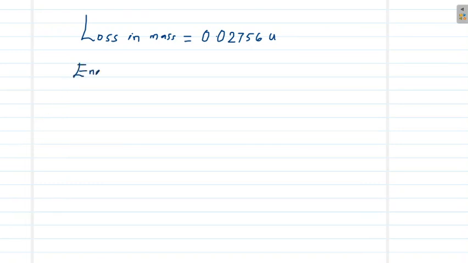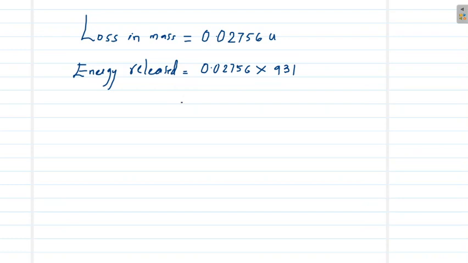So if the mass defect is this much, what will be the energy released? Energy release will be given by Einstein's relation, and it can be calculated to be equal to 0.02756 multiplied by 931. You can either use 931.5 or 931.3 or 931. In your textbooks, on different occasions, different values of the constant are used.